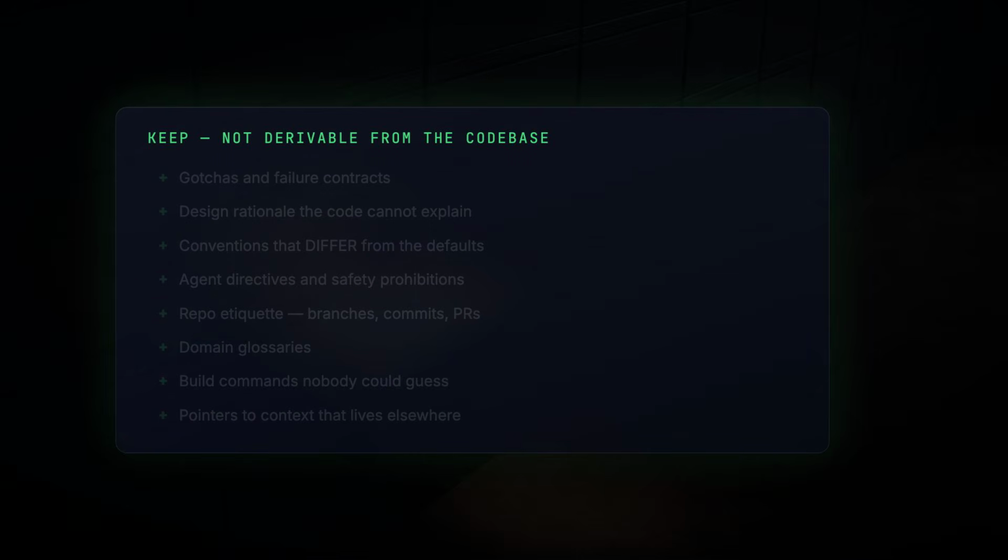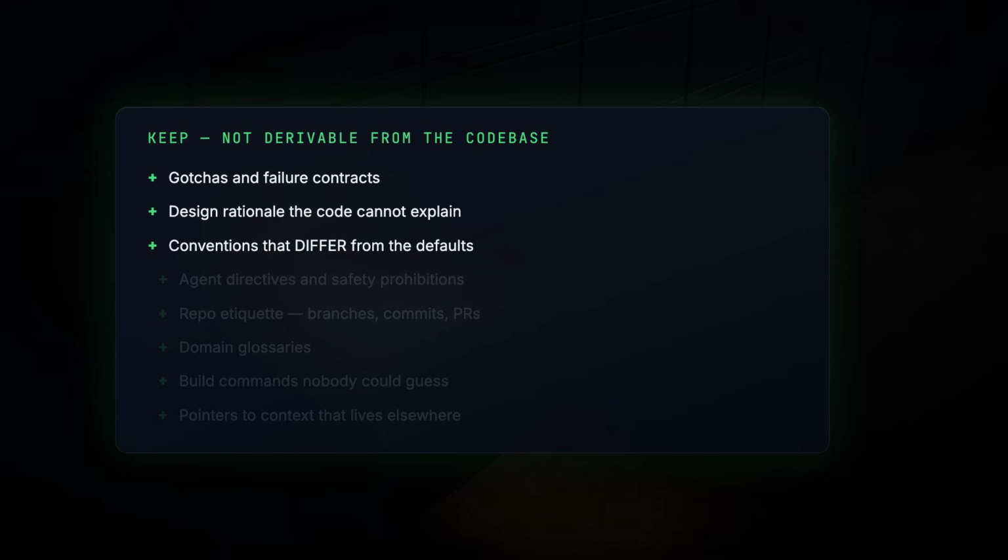Now the other list. Keep your gotchas and failure contracts. The things that look safe but aren't. Keep design rationale. The why that the code can't explain. Keep conventions that differ from the defaults. Because if your repo does something non-standard, reading the code teaches the wrong lesson. Keep agent directives and safety critical prohibitions.